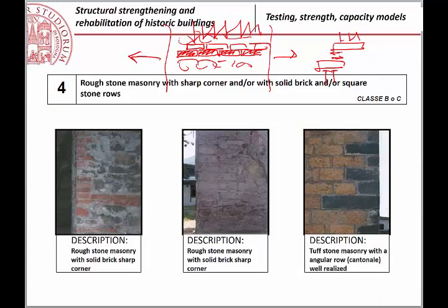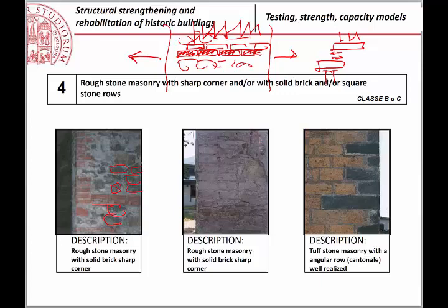Another very important aspect in the quality of the masonry is how the corners of your building are realized. Which means that you see here 3 examples. These are walls made of arenaria.